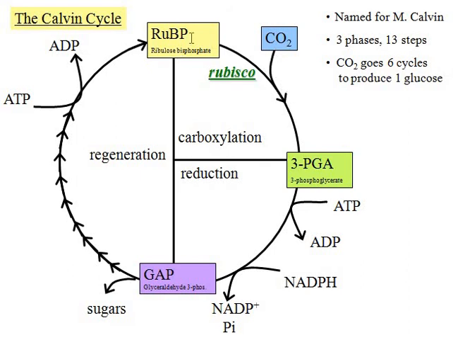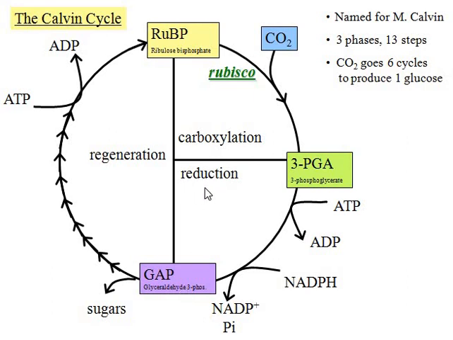Ribulose bisphosphate is a 5 carbon molecule, and after binding with carbon dioxide it becomes a 6 carbon molecule, and it quickly splits into 2 molecules of a 3 carbon compound, that is 3 phosphoglycerate. This process is known as the carboxylation process, where the carbon from carbon dioxide is added to RuBP, and 2 molecules of 3 PGA are produced.